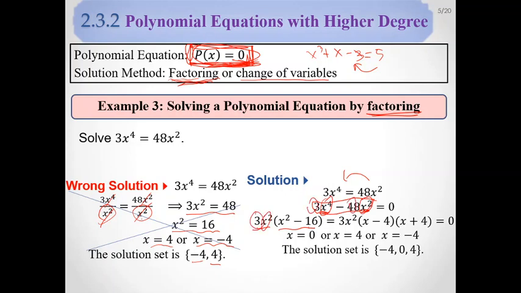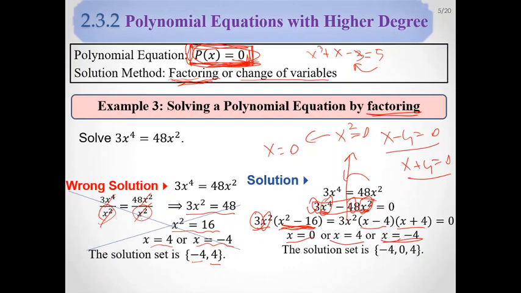When you factor this, it will be x minus 4 times x plus 4. So we end up with three possibilities: x squared equal to 0, x minus 4 equal to 0, and x plus 4 equal to 0. Solving, you get x equal to 0, x equal to 4, and x equal to minus 4. So you see the solution set is this. You see what's the difference? 0 is lost here.